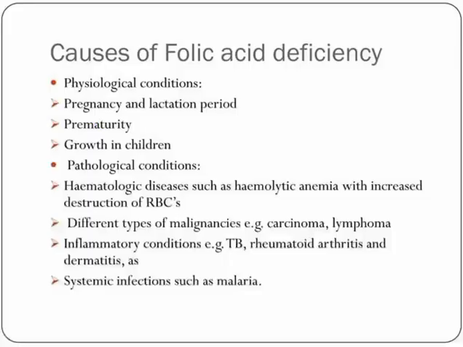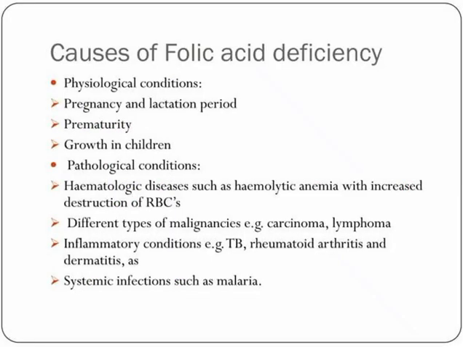And the next will be the pathological conditions. There will be hematologic diseases such as hemolytic anemia with the destruction of RBCs. Different types of malignancies, that is carcinoma, lymphoma, may also occur. And then inflammatory conditions, that is rheumatoid arthritis, dermatitis, TB. These are the conditions which may cause folic acid deficiency.